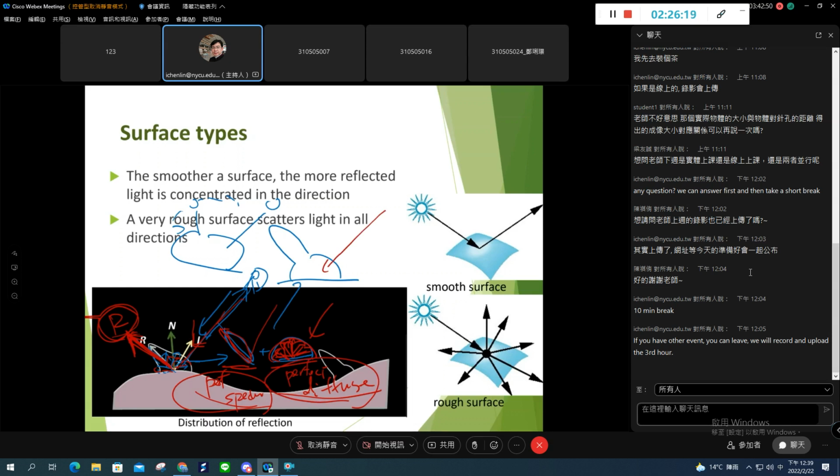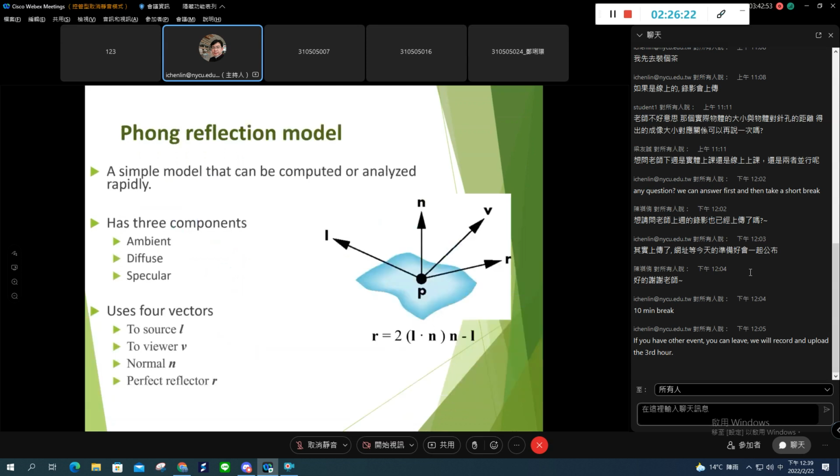There is also some notation here. We usually use an arrow for the light source, and we use the surface normal. This is the surface, with surface normal n, and a perfect reflection ray r, and theta here is identical on both sides, so we can simply use this equation to estimate r. How can we derive this?